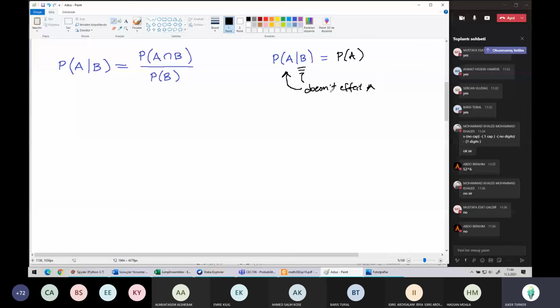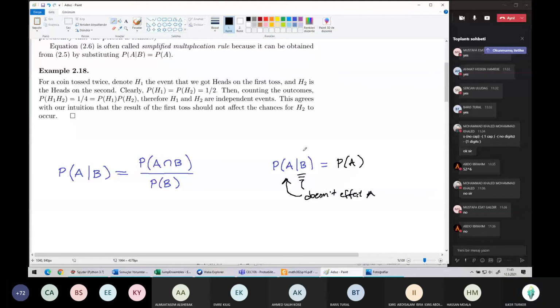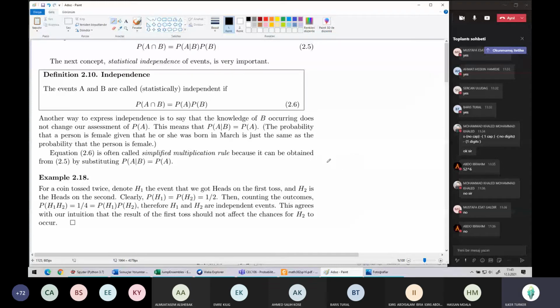So if two events are independent, and one of them is given as having happened, it doesn't affect the occurrence of the second event.